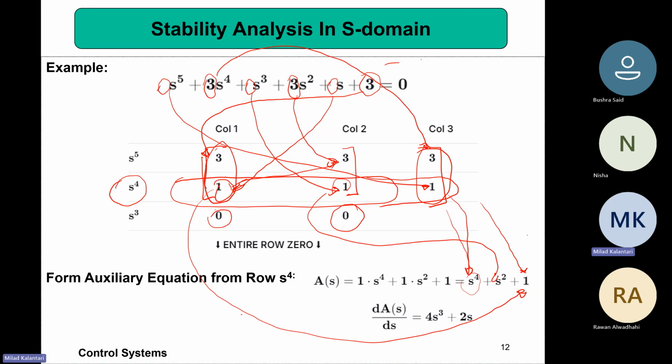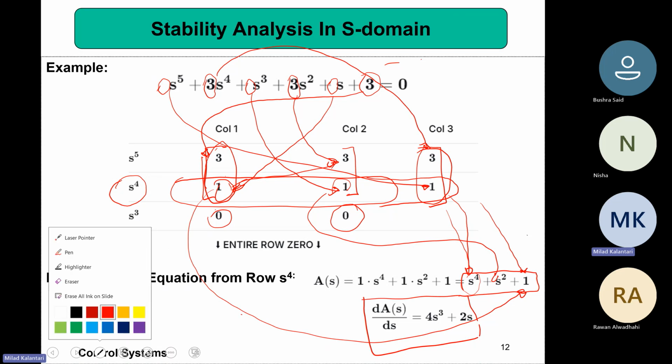And then we take a derivation of this equation, the auxiliary equation, and gives us next level. And this next level, actually, we should put the coefficient from this next level instead of the 0 and 0. So let me clean it a bit and then continue.